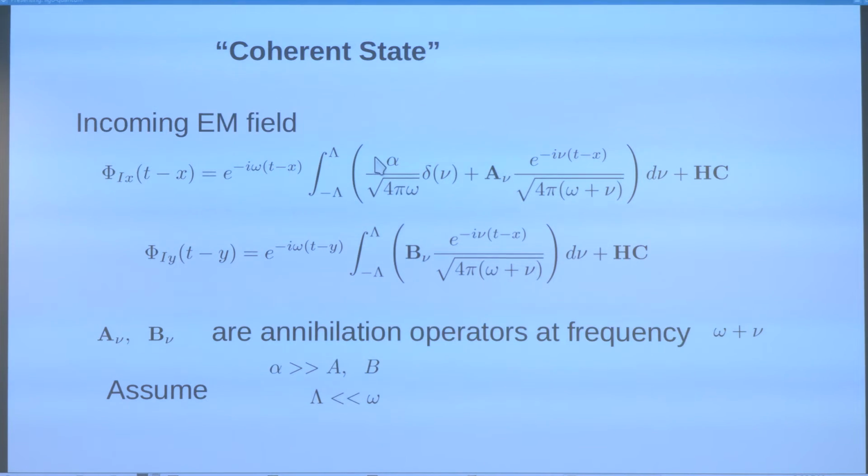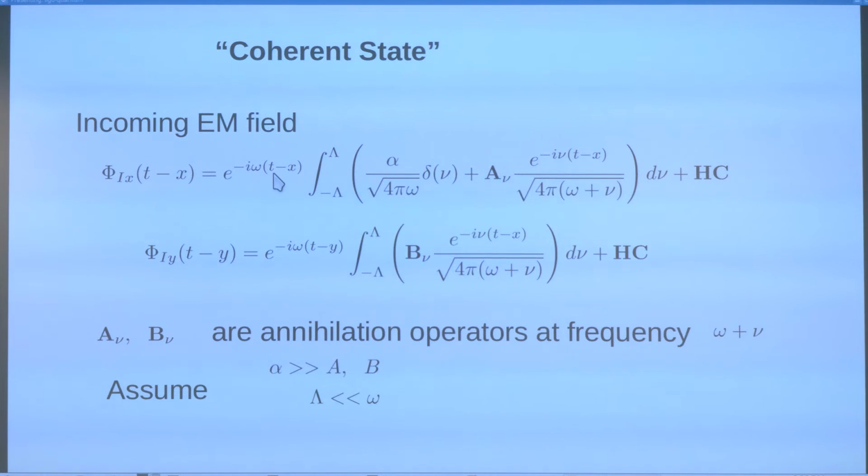In the bright port, it's this classical field coming in plus these annihilation operators. But of course, most of this gets reflected back out the bright port again, and you never see it. Coming in the dark port, you just get the annihilation operators, plus the Hermitian conjugate, of course, which are the creation operators.